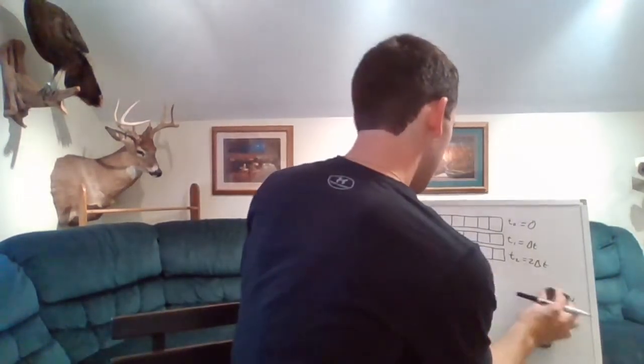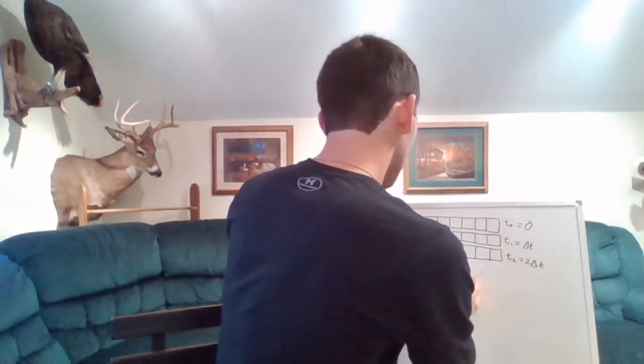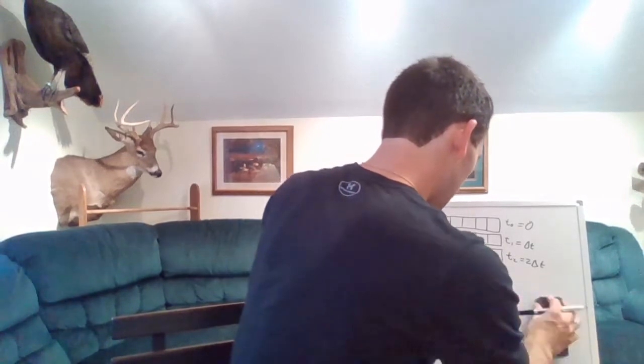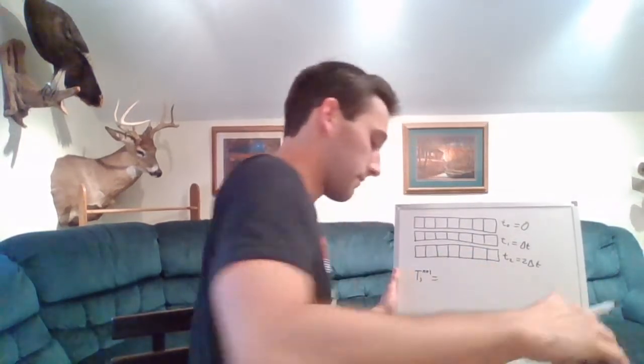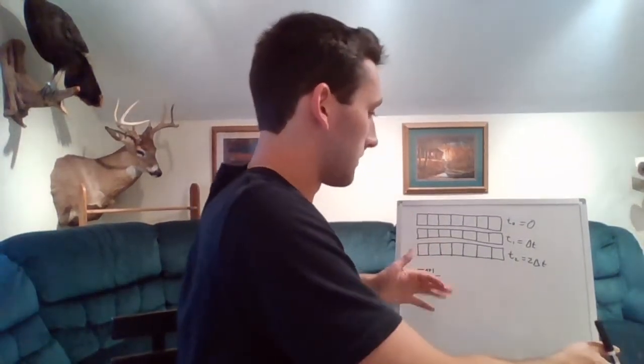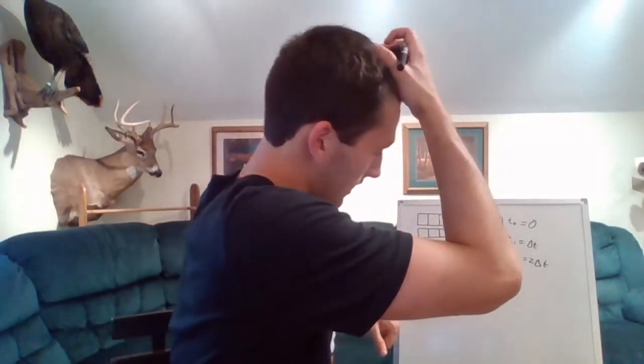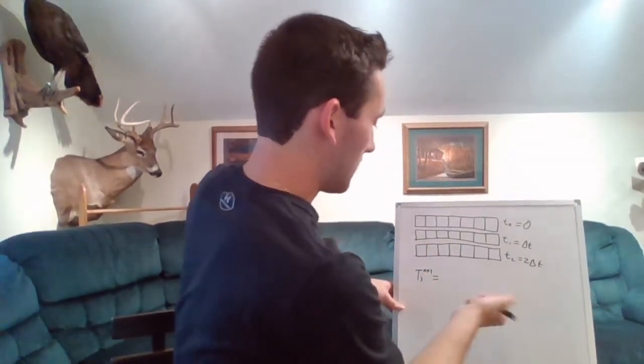So I will write out the simplified version. Essentially, what we are doing is just removing the delta x squared out.